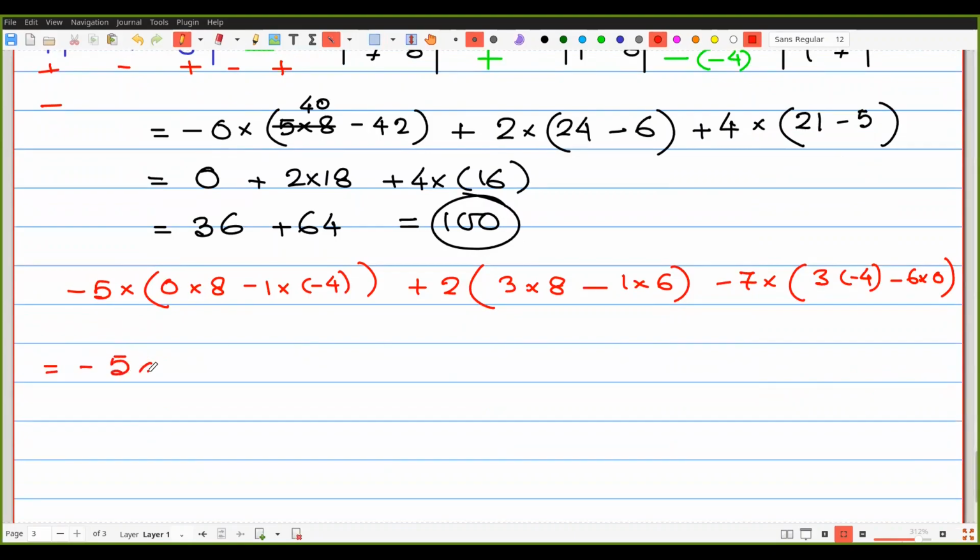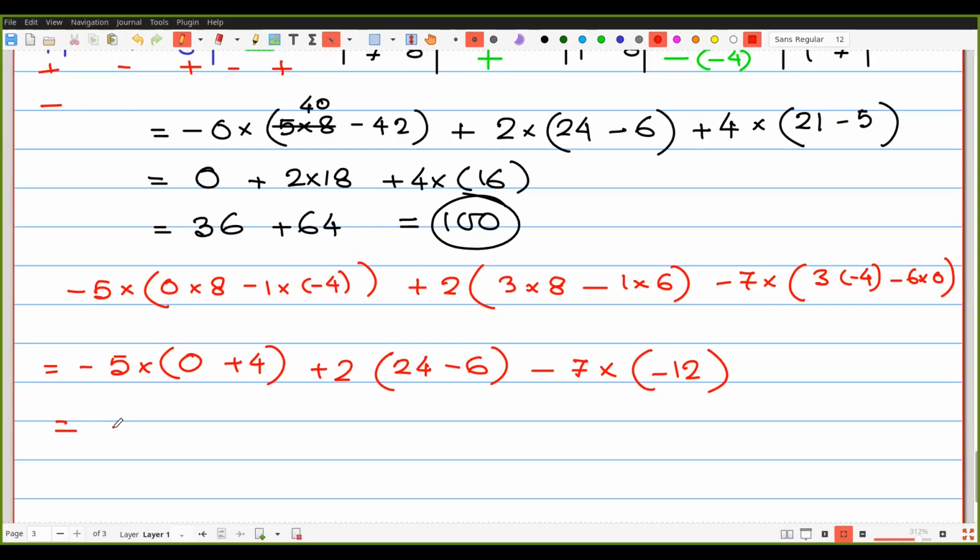So that is minus 5 into 0 plus 4, plus 2 into, that is 24 minus 6, minus 7 into, that is minus 12, just that one.